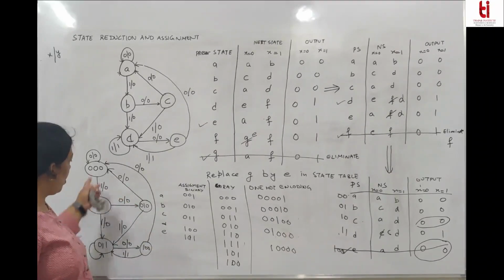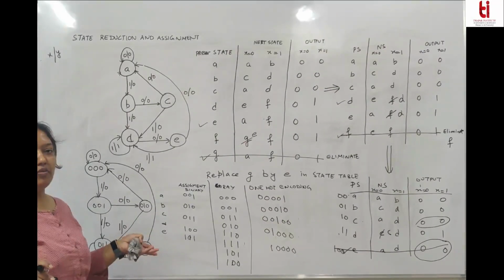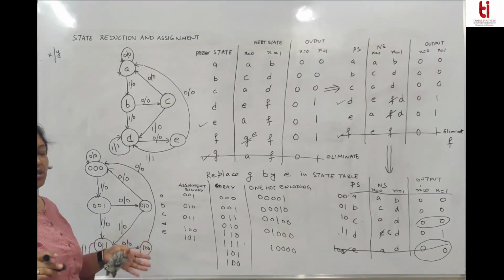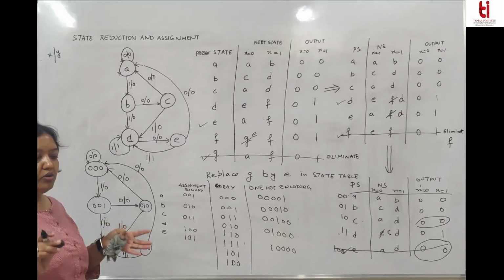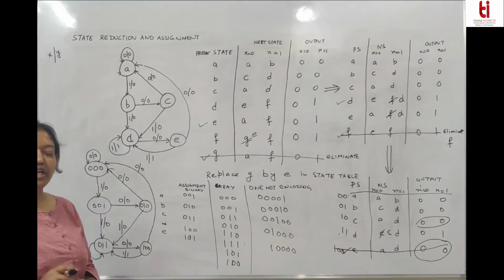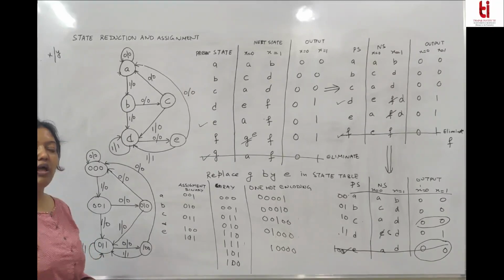And this state diagram can be drawn with any type of flip-flop. It can be JK, it can be D, it can be T, it can be SR. There is no restriction. But when you have JK flip-flop, JK excitation has more don't care terms. That means it will have a reduced circuit.